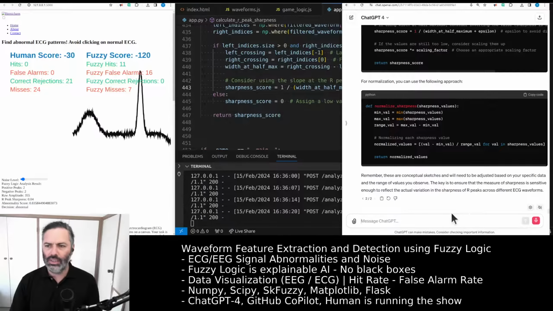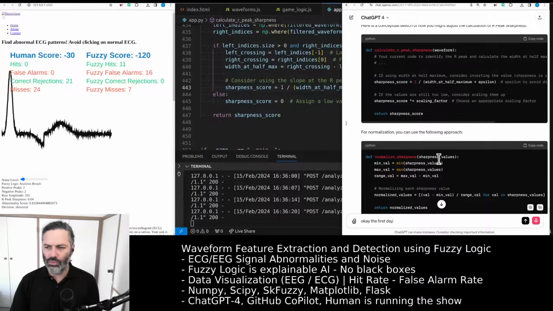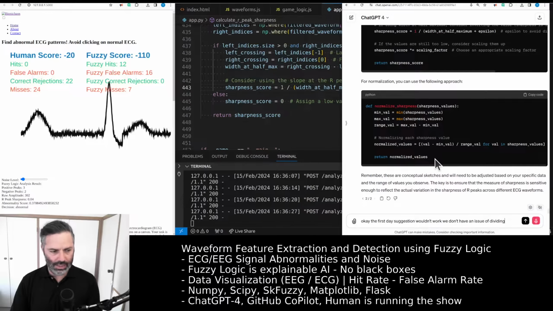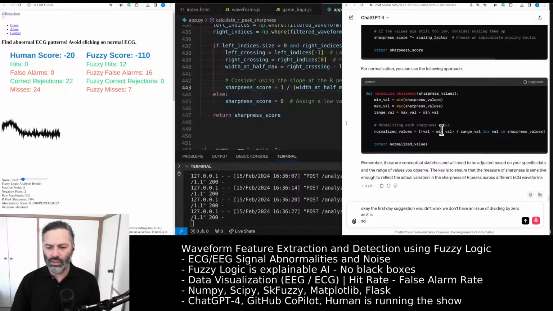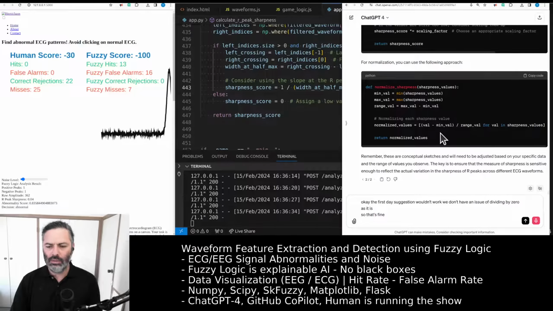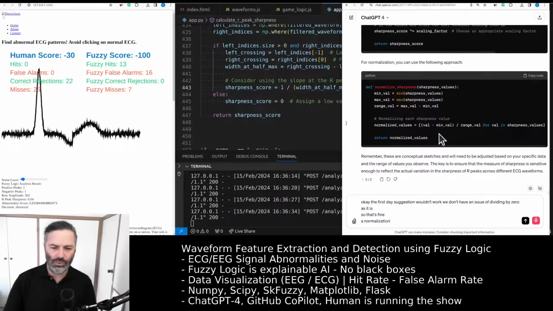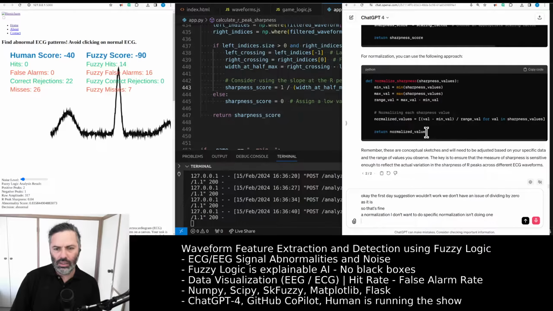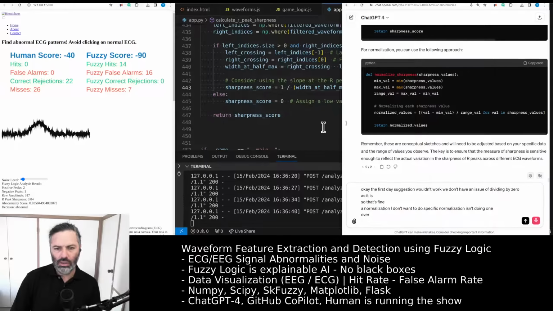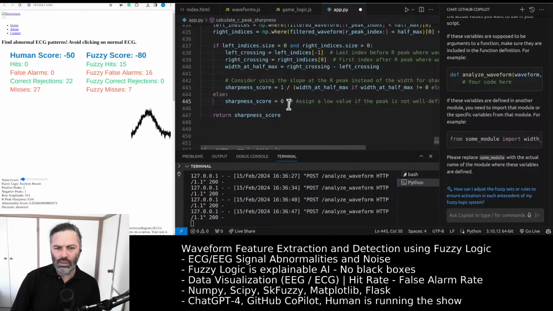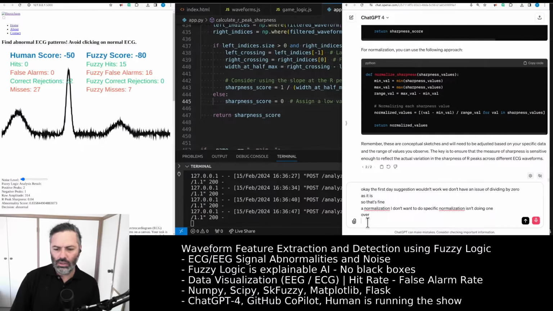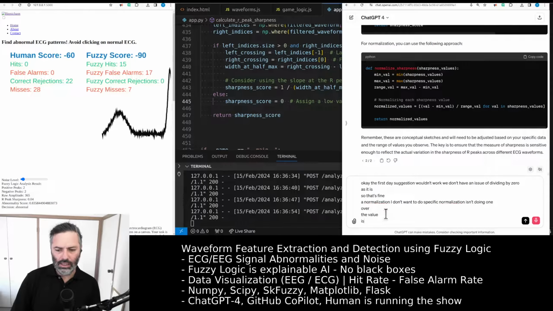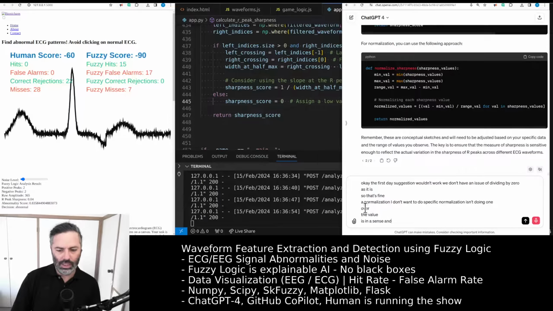Okay, the first suggestion wouldn't work. We don't have an issue of dividing by 0 as it is, so that's fine. A normalization, I don't want to do specific normalization. Isn't doing 1 over the value in a sense normalization?